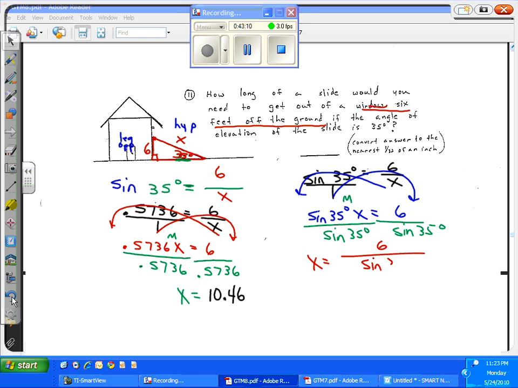And so we would get x is equal to 6 divided by sine 35. And then we would punch that into the calculator, and there would be no rounding as you go, and we could have the exact answer, and then round at the very end to wherever they told us to round to.